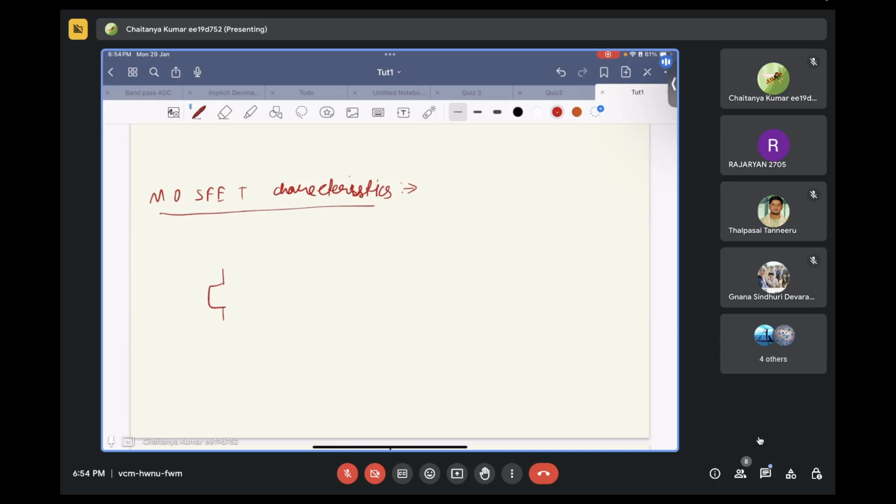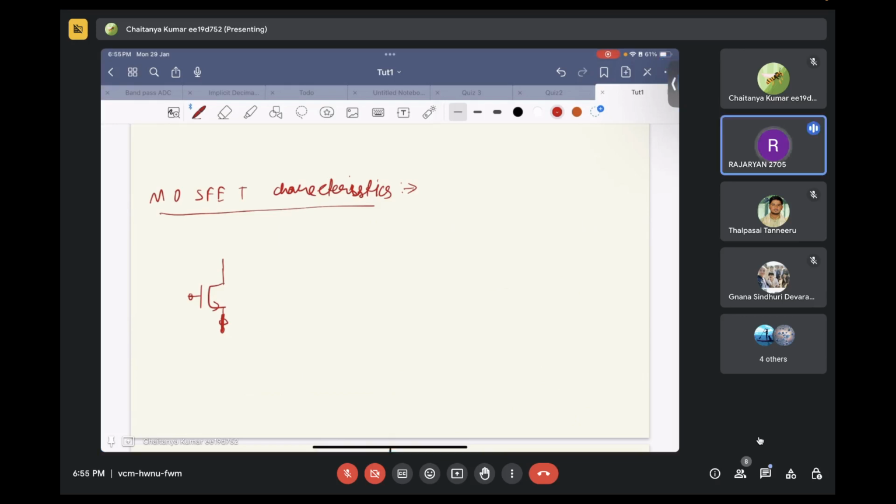Let's say for an NMOS first. What parameters are given for an NMOS? Let's say it's a 3-terminal NMOS, and let's not go to a 4-terminal device. Your source and body terminals are shorted to each other. So in this case, what are the three regions of operation?